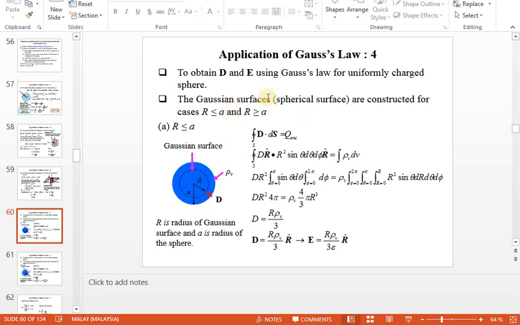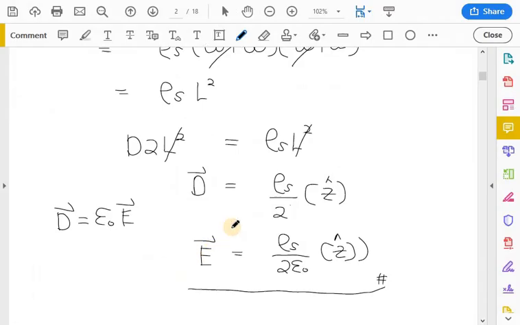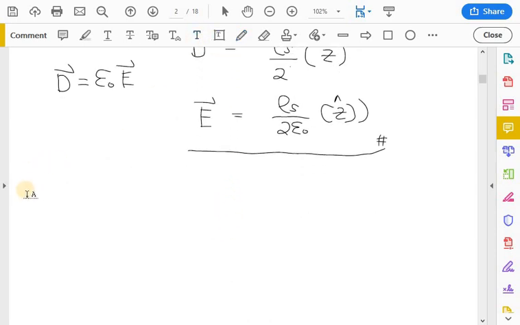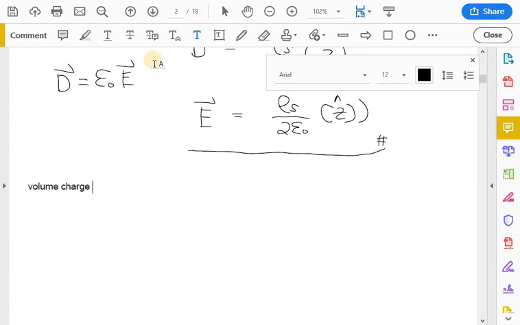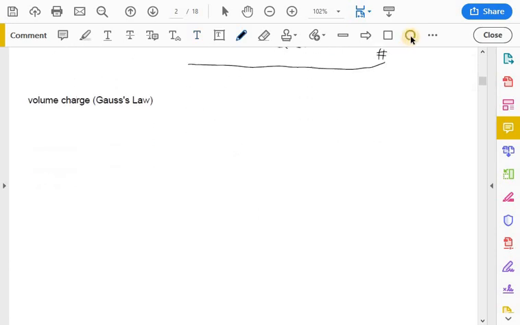So now imagine you have a spherical volume. I will draw it here under the section volume charge and Gauss law. Now imagine you have a very big sphere, and you have been given the rho v.